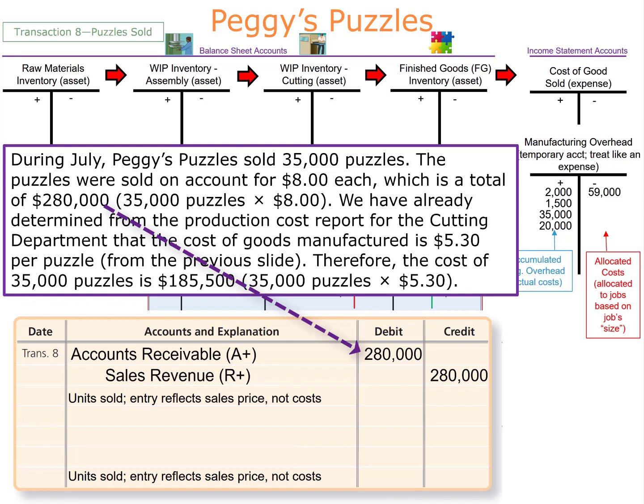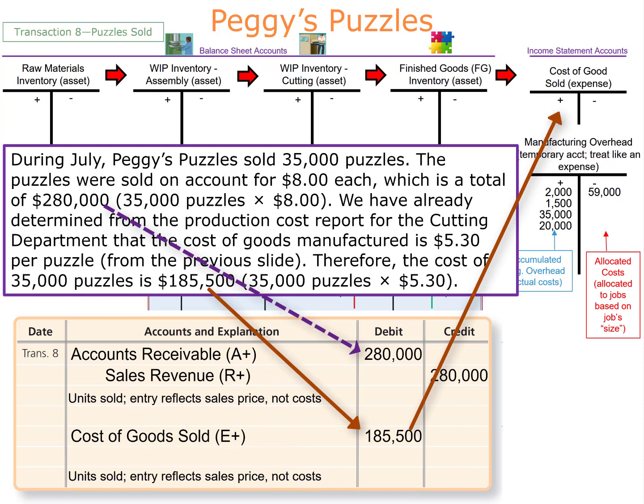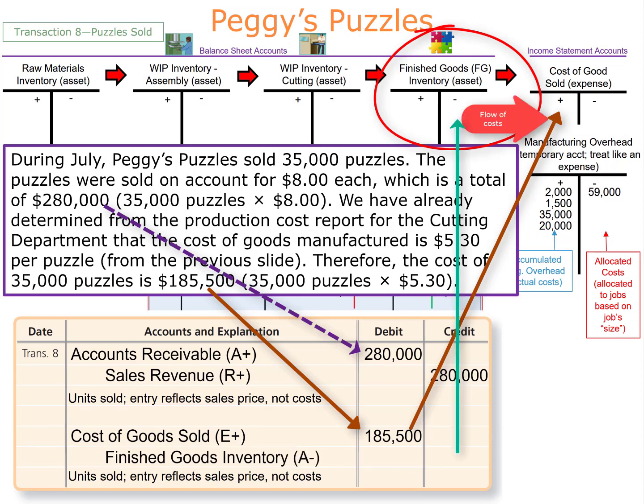Since COGS is an expense, it increases with a debit of $185,500. Then we need to lower inventory. But which of these inventory accounts do the puzzles come from? They come from the finished goods inventory account, an asset account that is decreasing by $185,500.